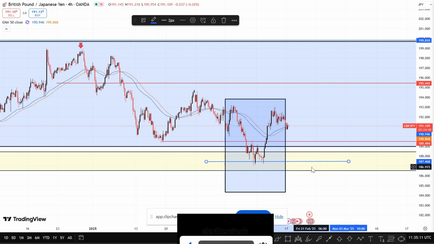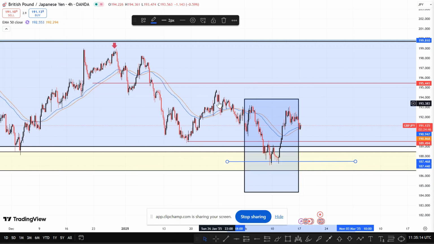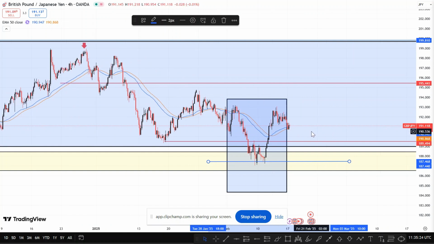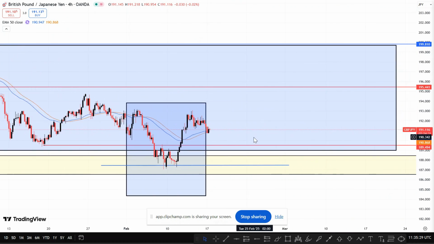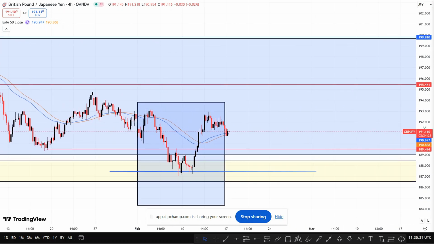Now we're waiting for this last touch to be taken out. Then we have this movement, which shows a bearish movement. So the overall on the 4 hours time frame is bearish movement. So we are going to be looking for a perfect position to enter our market, to enter our sell position.